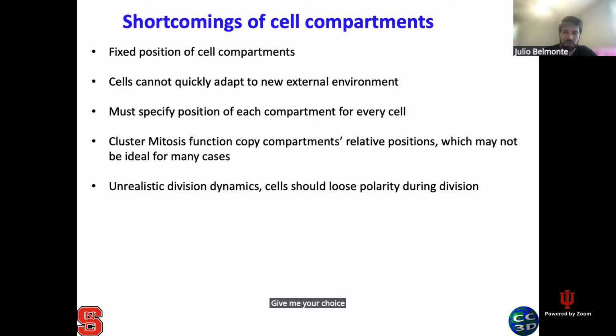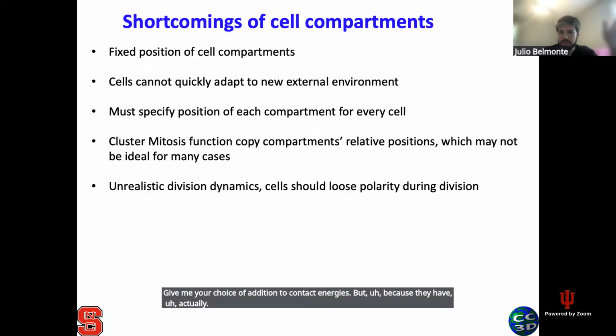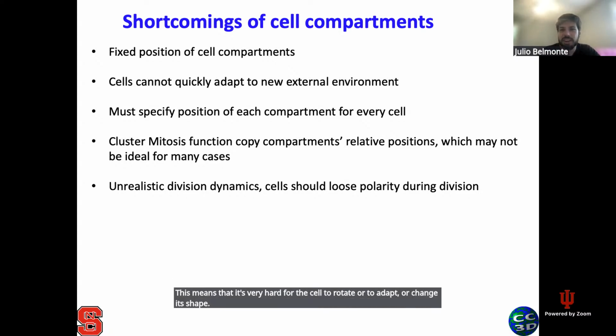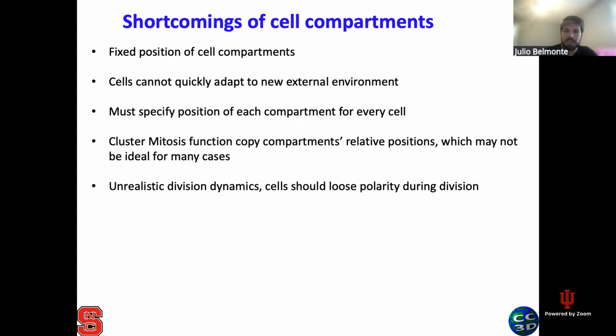given your choice of adhesion contact energies. But because they have some kind of positive energy interaction between them inside the cell, it's very hard for the cell to rotate or to readapt or change its shape or reposition its compartments if there's any change in the environment.